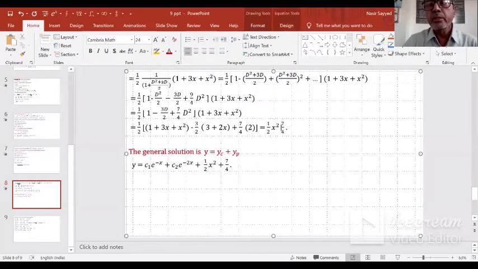Please correct it. Means we get yp is equal to this. Therefore, the general solution is y equals yc plus yp, and this is equal to c1 e to the power minus x plus c2 e to the power minus 2x plus 1 upon 2 x square.